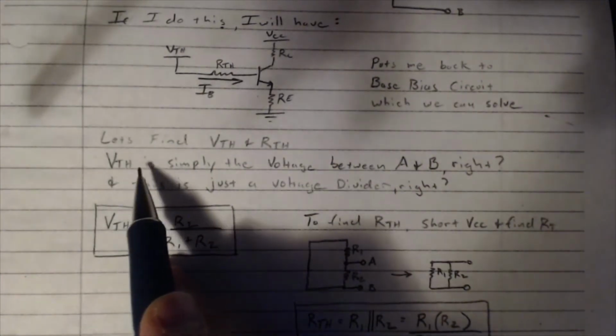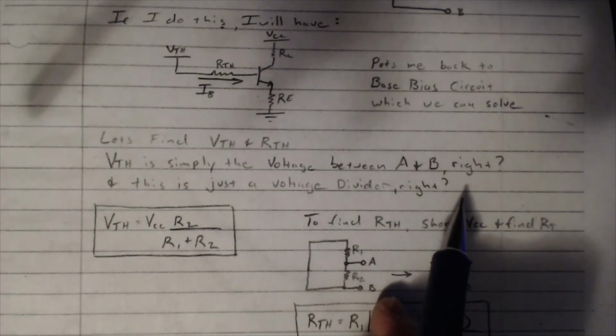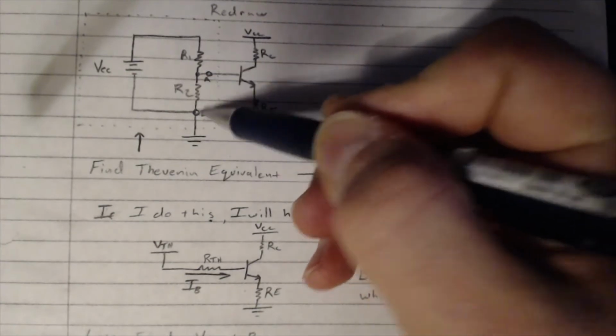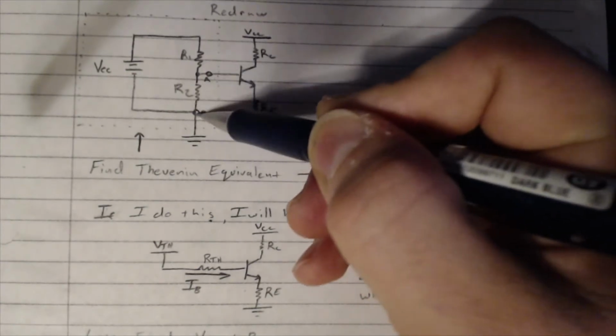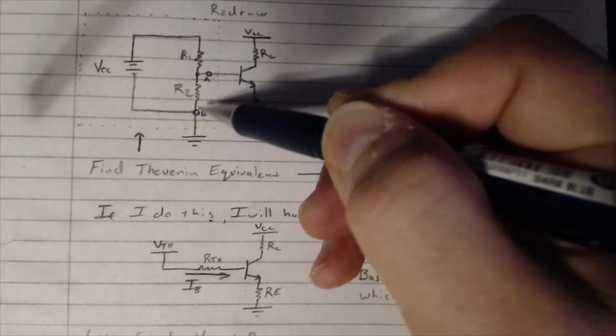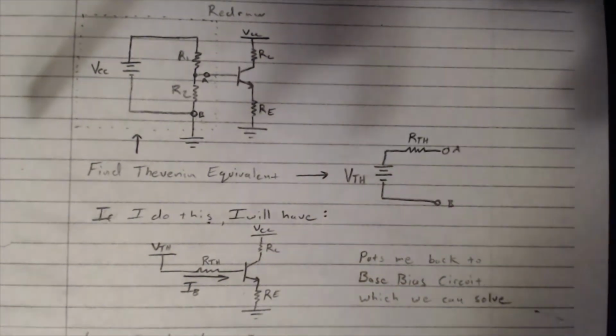VTH is simply the voltage between points A and B. So if we find the voltage between A and B, we have our Thevenin voltage. That's all we've got to find.